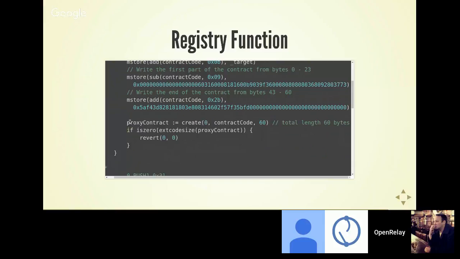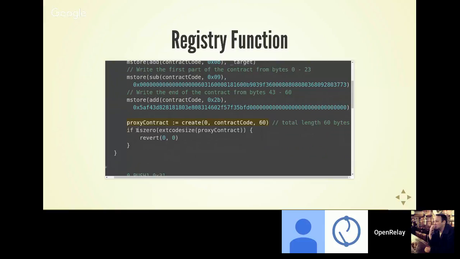And then we create a contract using that contract code that we've just constructed, giving us a contract that is a grand total of 60 bytes and will successfully proxy our target address.